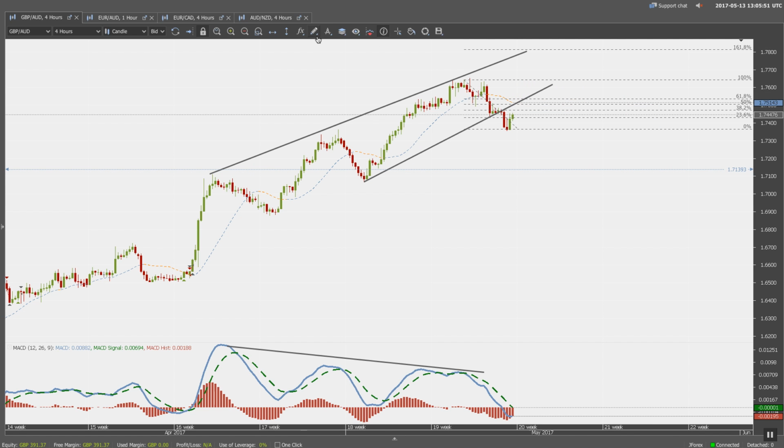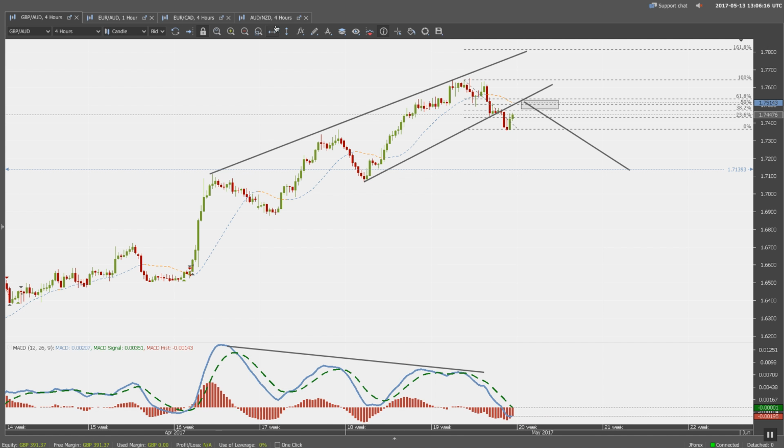So anywhere up here would be fine, but you're looking for reversal candlestick patterns around this level. Okay, and then we're looking for a target of 171.40 area. So if it manages to get up here, we'll short and we take profit down there.